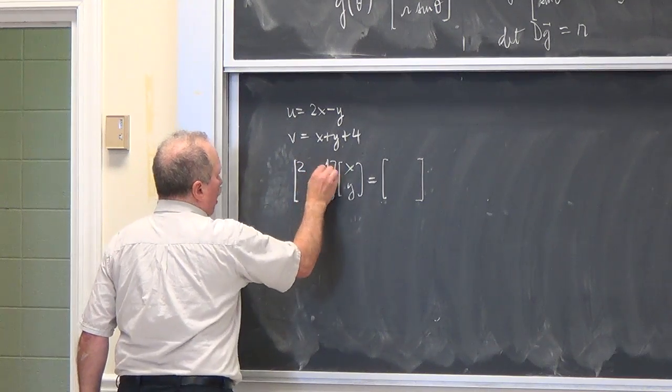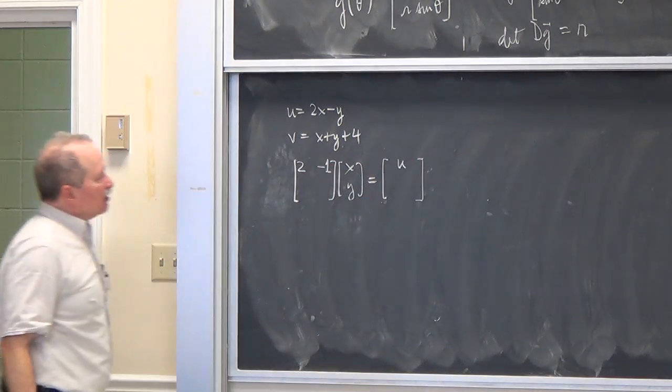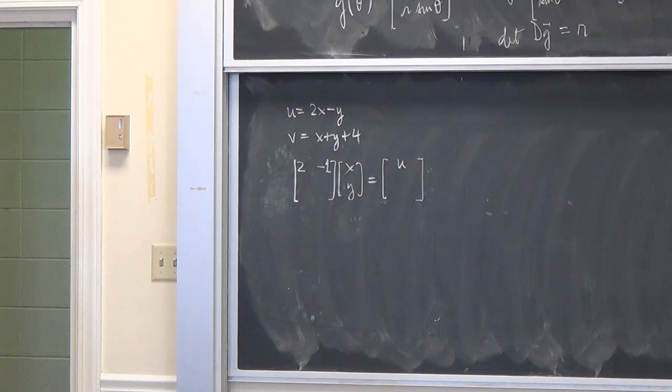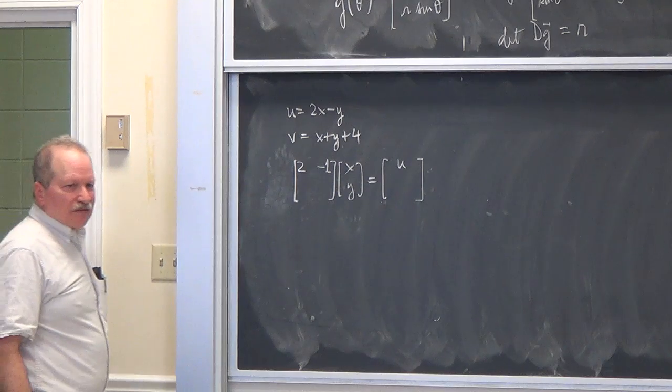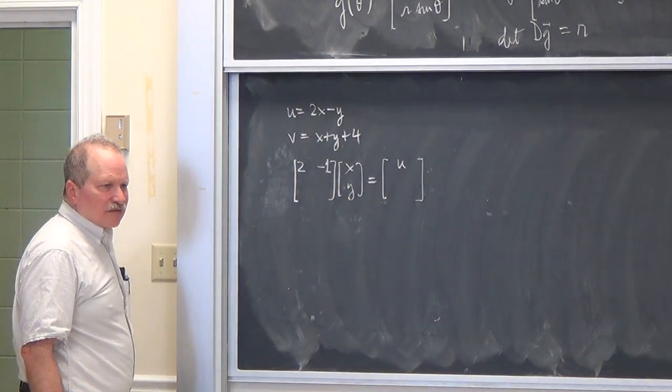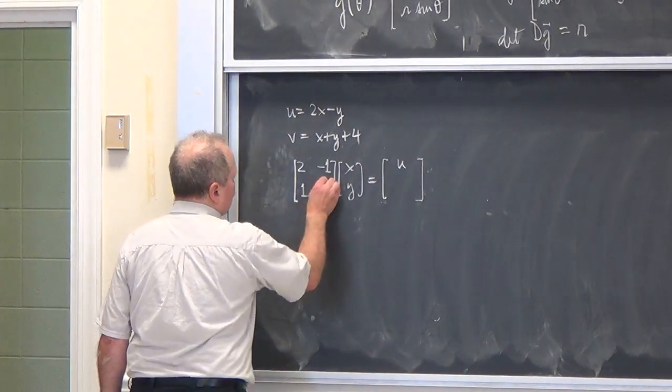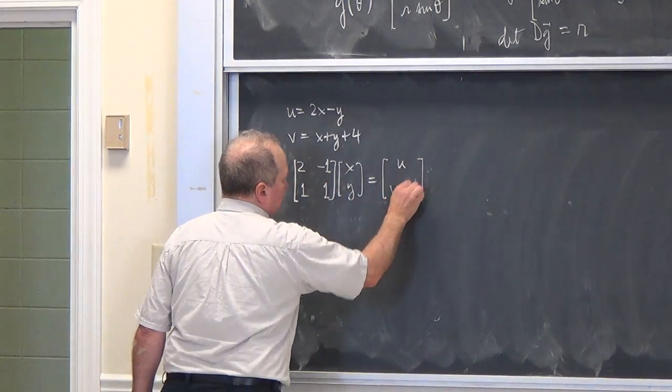2x minus y equals u. Agreed? Now what's the next line? 1, 1, v minus 4.